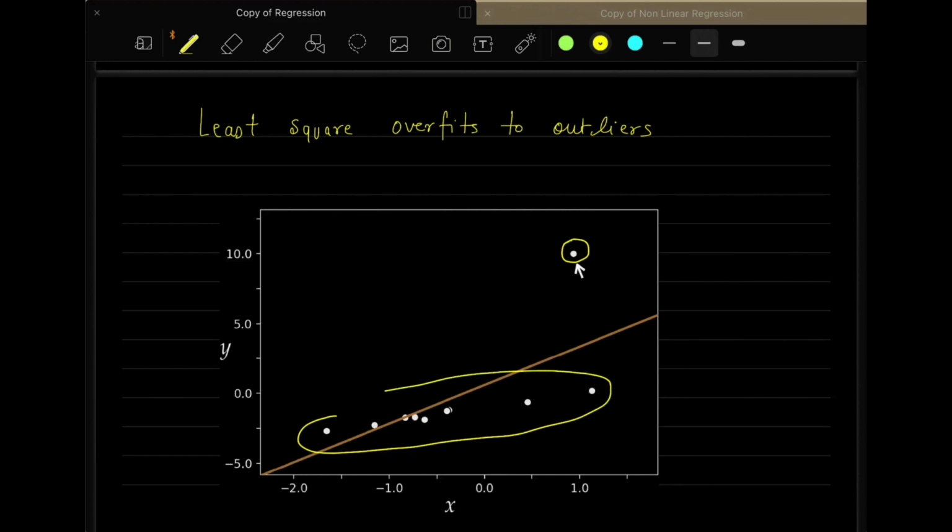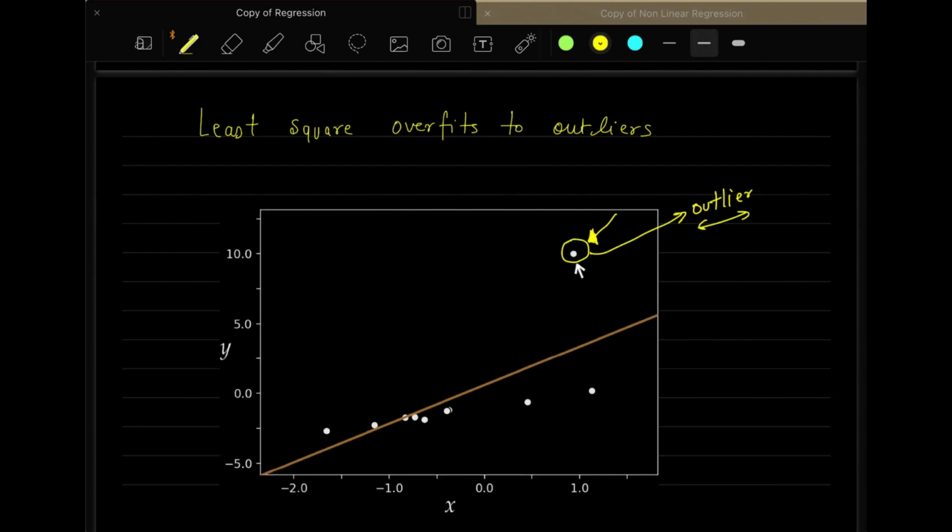Most of the samples are scattered around here, but you have one extra sample which is this one. So it might be the case that this sample is an outlier. By saying outlier, it means it's not really there in the data, and maybe it is an error. Maybe somebody has made an error in recording this particular point.